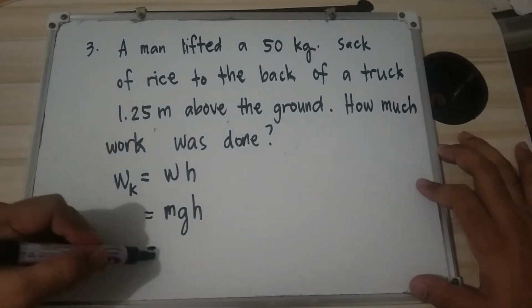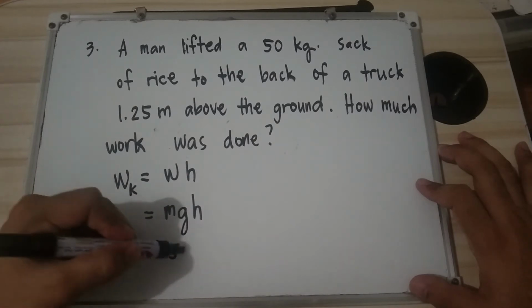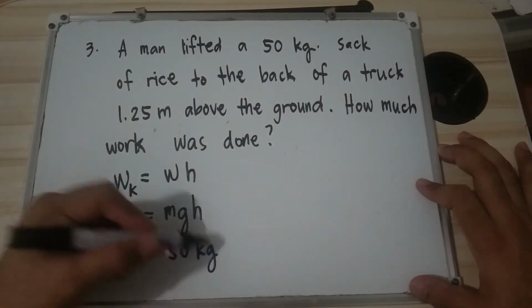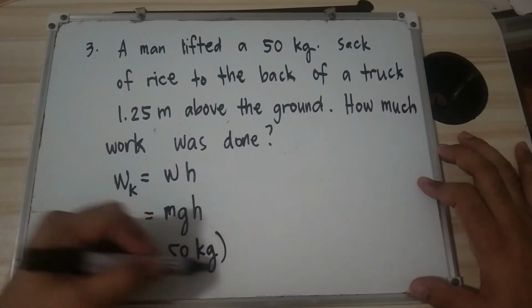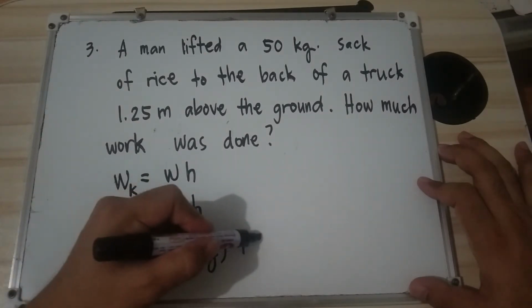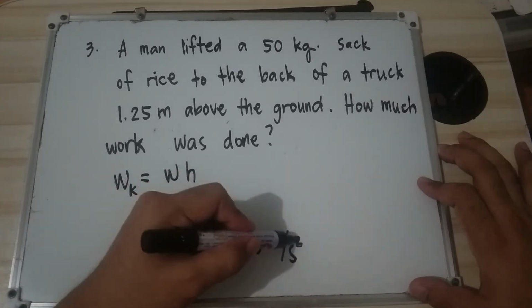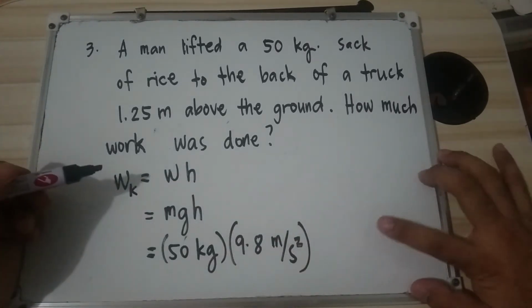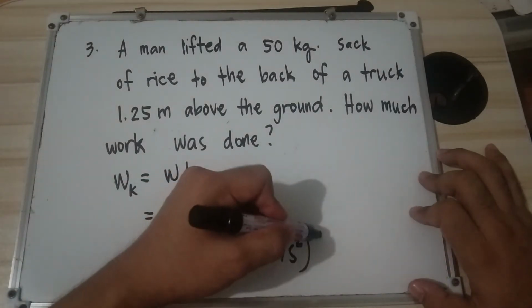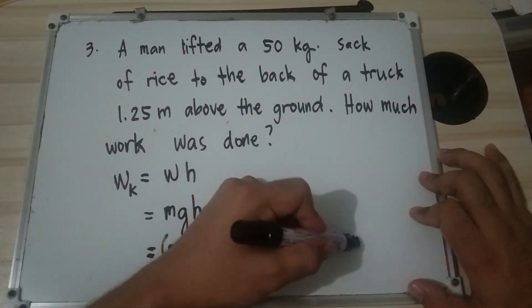The given mass is 50 kilograms times gravity, which is 9.8 meters per second squared, times 1.25 meters.